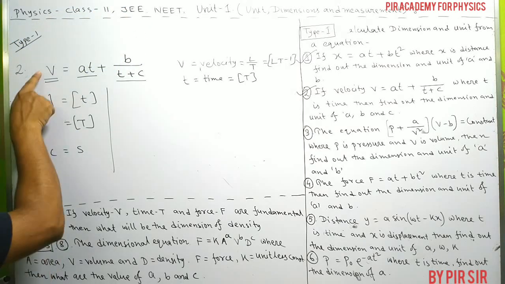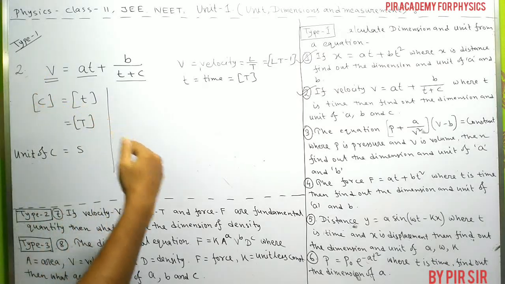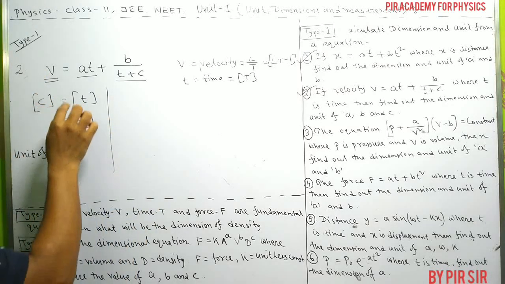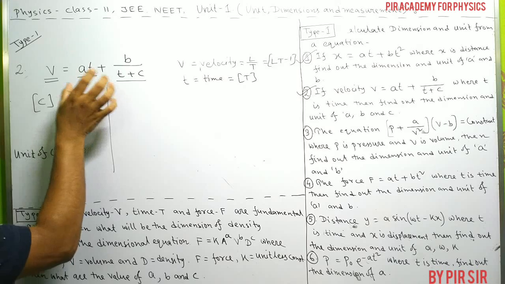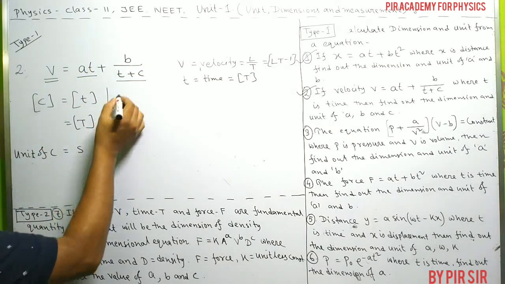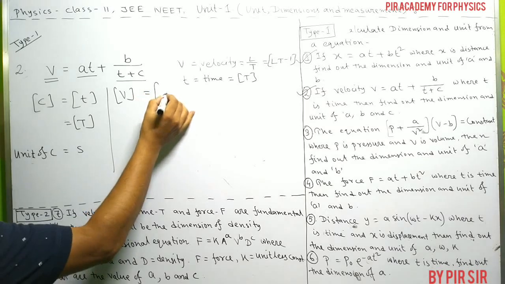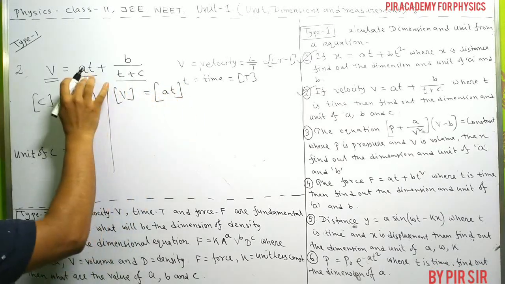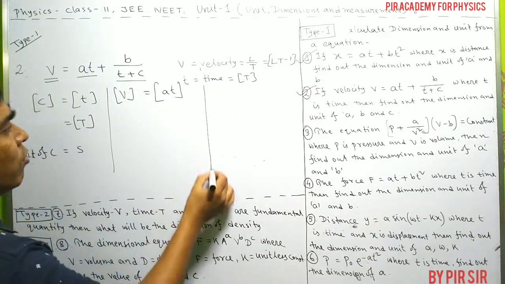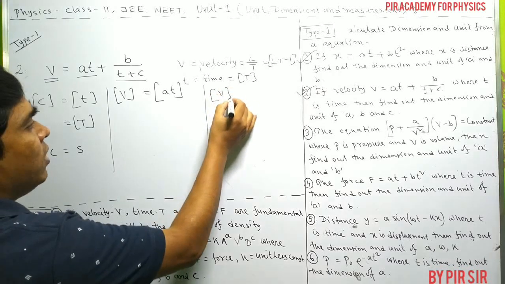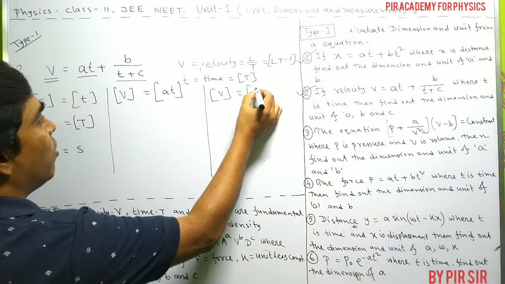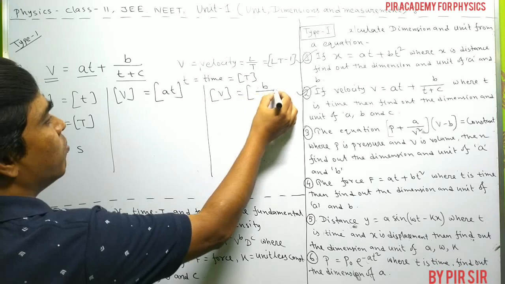Here only velocity can be added with terms of velocity. That's why the dimension of velocity must be equal to the dimension of AT, and also the dimension of V equals the dimension of B by T.